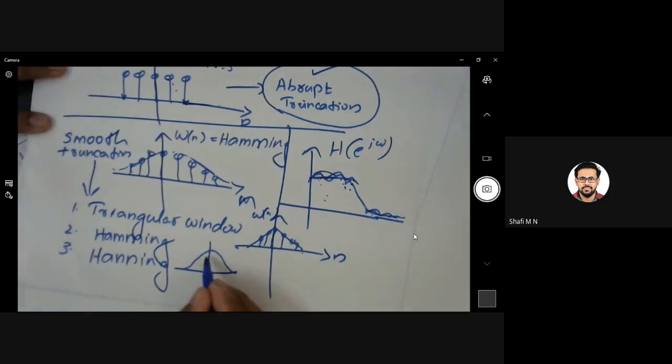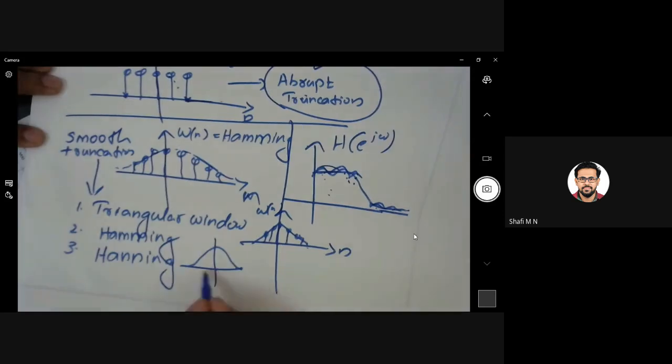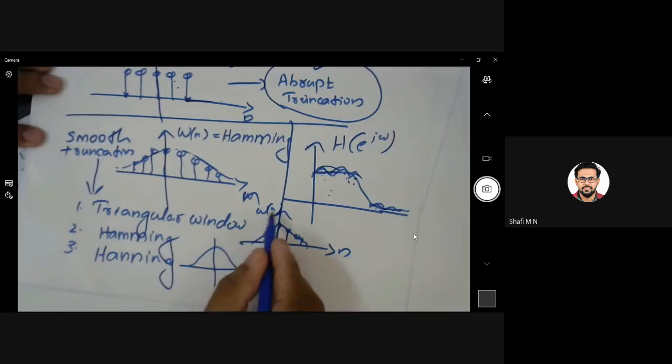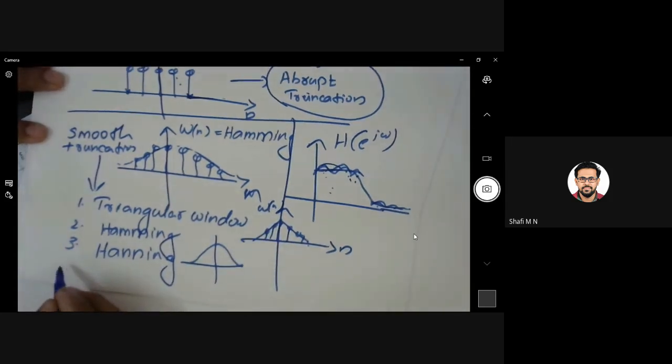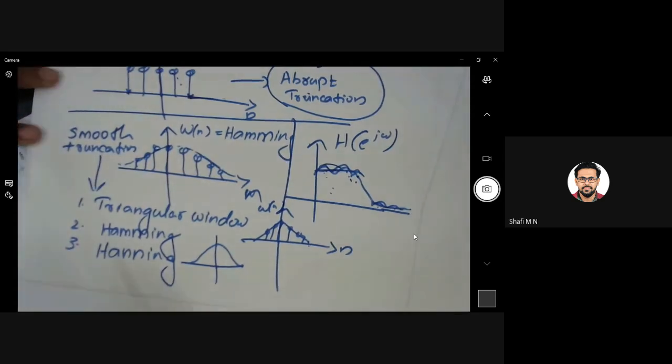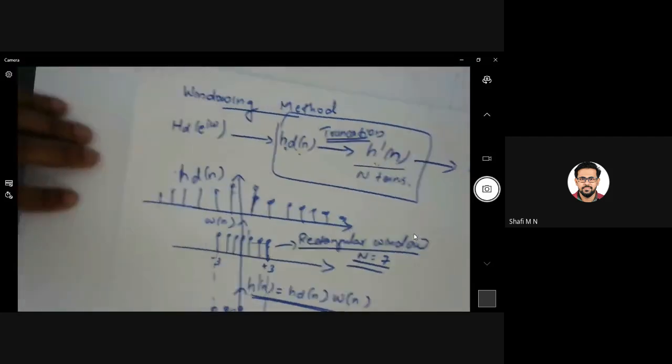The only difference is one particular value, which we will look at in detail later. This is just the boundary. It is not continuous; it is W of n, discrete, and I'm just drawing the boundary. Another window is the Bartlett window, and the Kaiser window. Different windows are available, but we will focus only on Hamming and Hanning windows as per your syllabus. Clear enough?